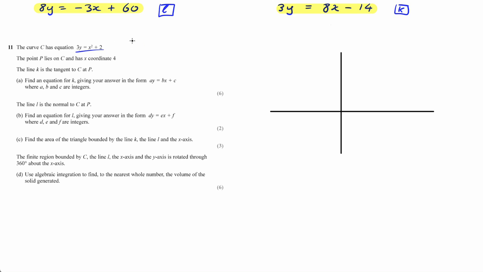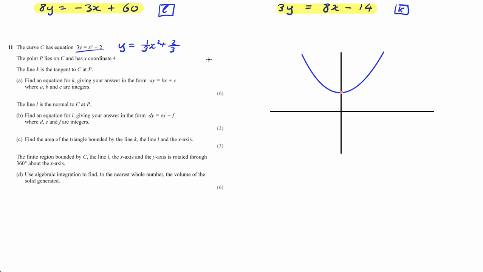This curve, guys, is y equals a third x squared plus 2 over 3. This is a quadratic. It looks something like this. Its minimum will be on this point here.